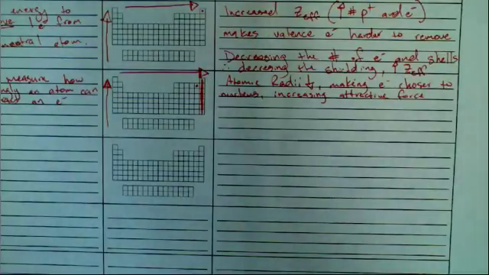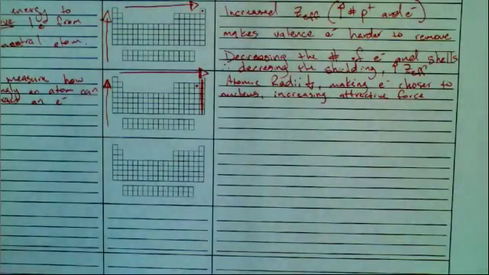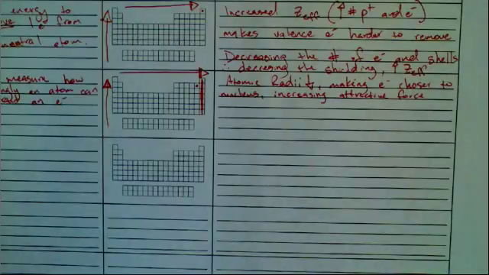And each time you lose an energy shell, your atom is smaller. So that means the distance between your nucleus and your valence electrons is smaller. So you have more of an opportunity to attract electrons from other atoms because they can get closer to your nucleus because you're smaller. All right, electronegativity.